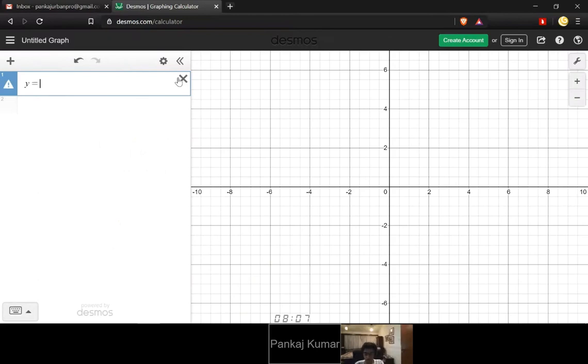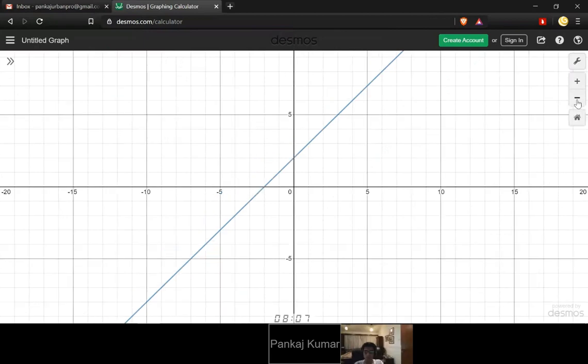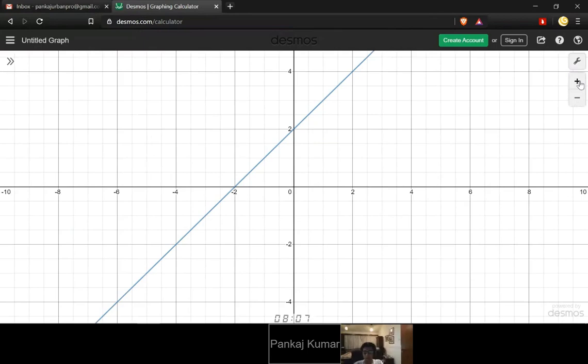My question was, how do we draw the graph, like making the table? What two pairs of values would you be taking?